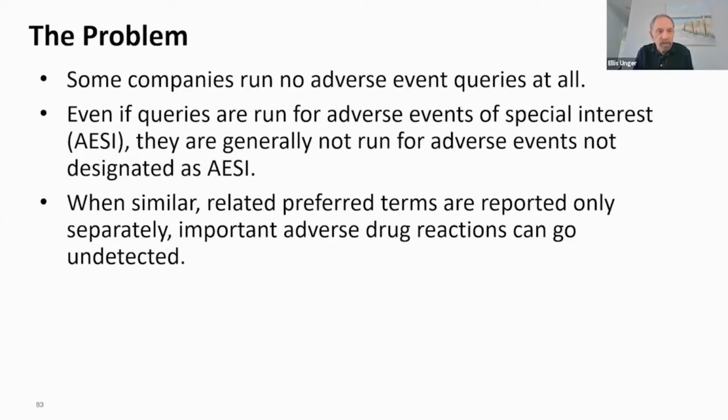So the problem is that some companies don't run any adverse event queries at all. And even if they are run for adverse events of special interest, they're generally not run for adverse events that are not designated adverse events of special interest. And then when similar related preferred terms are reported only separately, various important adverse drug reactions can go undetected.